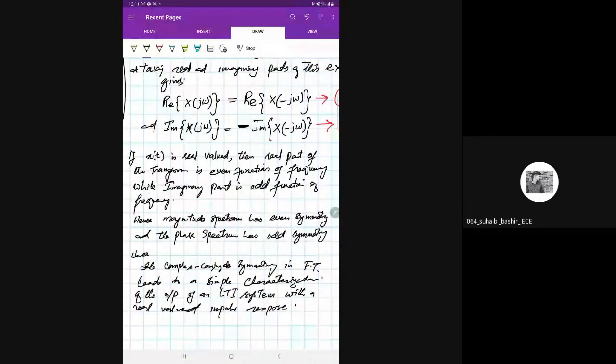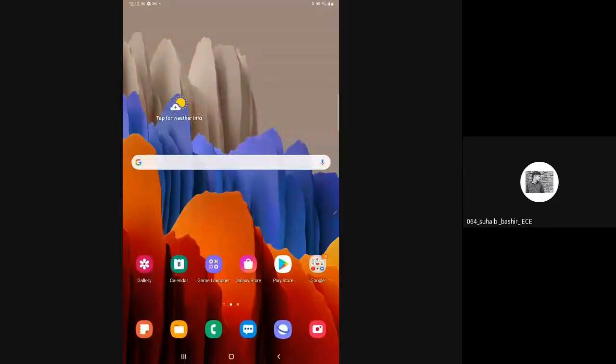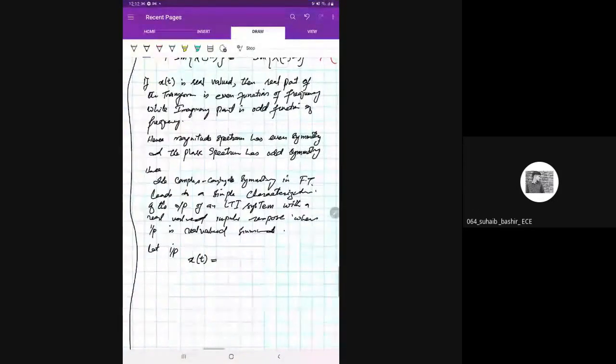The real valued impulse response, when the input is a real valued sinusoid. So what does that mean? Let us assume that the input signal is x of t, x of t is equal to cos of omega t minus phi.